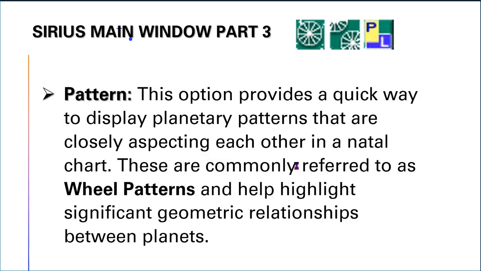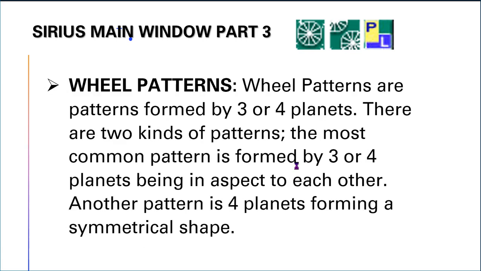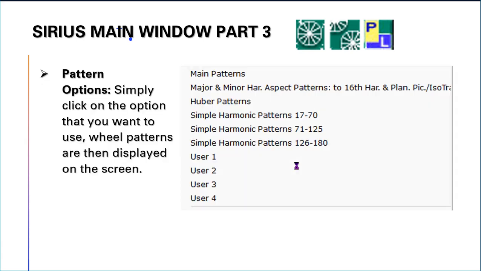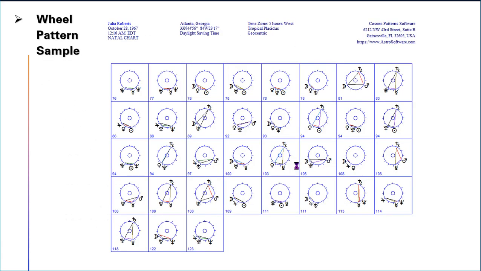Okay, now we go to here, and then you also have the pattern. Pattern is really awesome. You get to see all the patterns that are on the chart wheel. And you can see this is an example of it. I will show you. Okay, these are the patterns. I will be showing you this within the program.